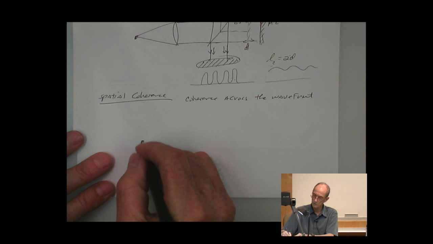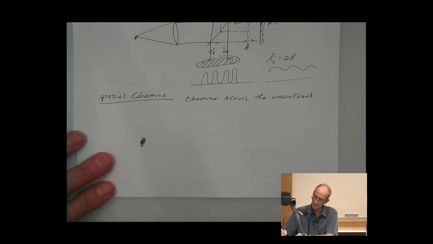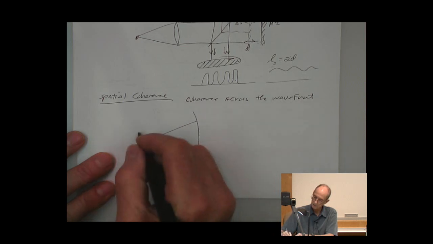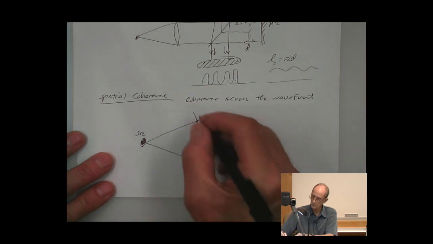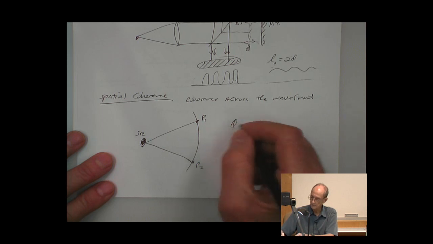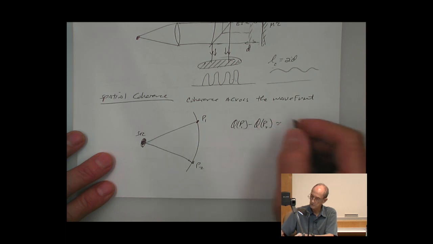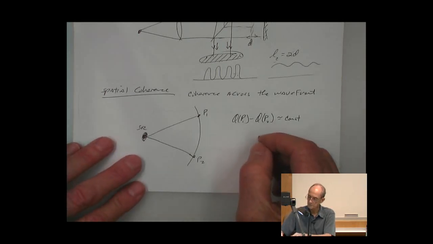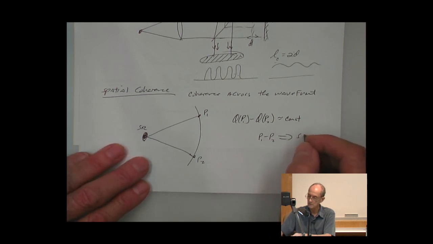So here if we have a source and it propagates, say an extended source, so let's make it a big spot. The field emanates from that source out here, and then we sample it at 2 points across the wavefront. So here we have P1 and P2, and again we're looking at phi of P1 minus phi of P2, and so when is that equal to a constant? The difference in distance between P1 and P2 gives us the spatial coherence length.